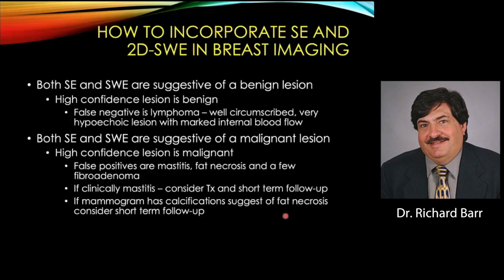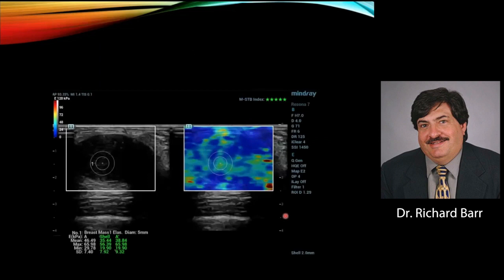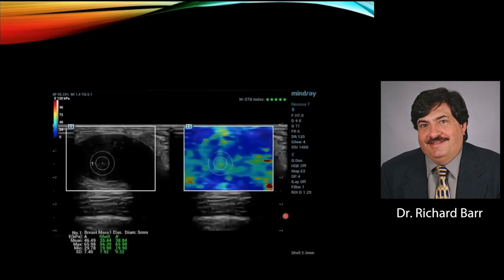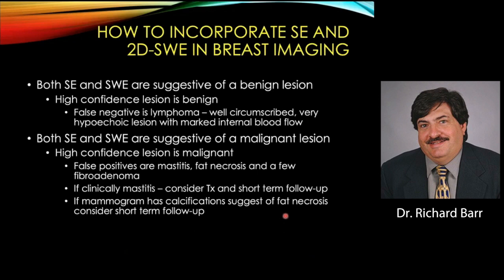So we would consider that benign, and that turned out to be a benign fibroadenoma. But notice that the ratio here was 0.9 something. So that ratio of near 1 sometimes, and again, I like to biopsy them if it's greater than 1, so we don't miss cancers, but some are benign lesions, so we're always going to have a lower specificity.